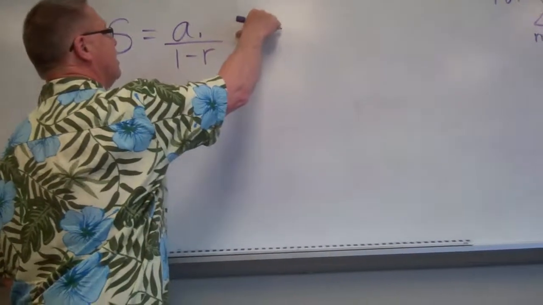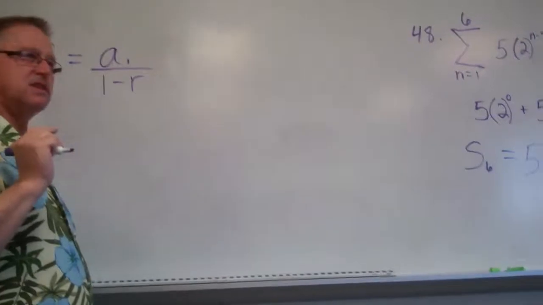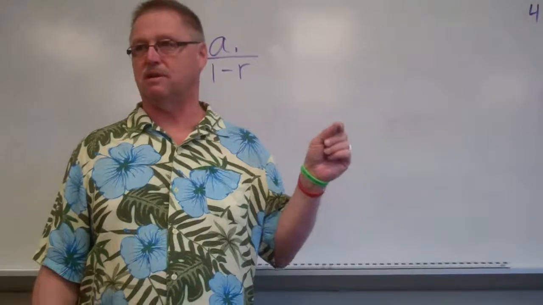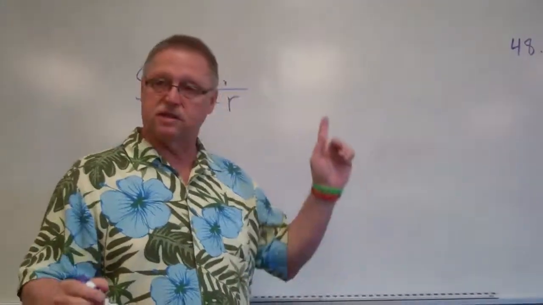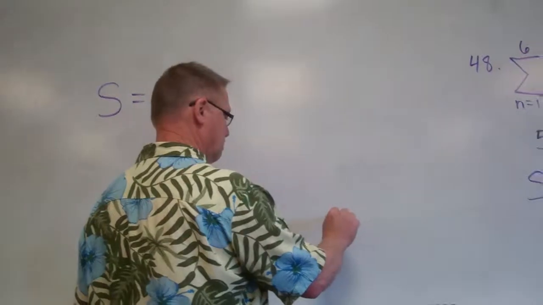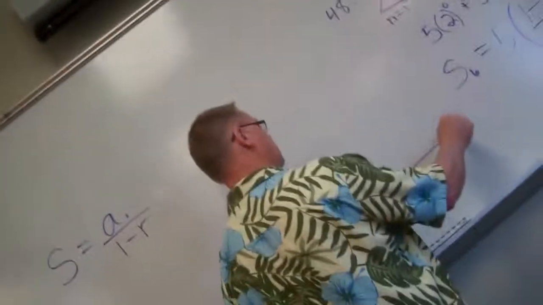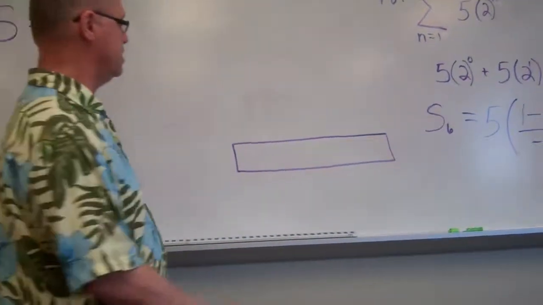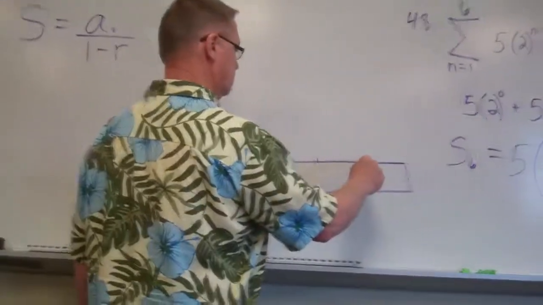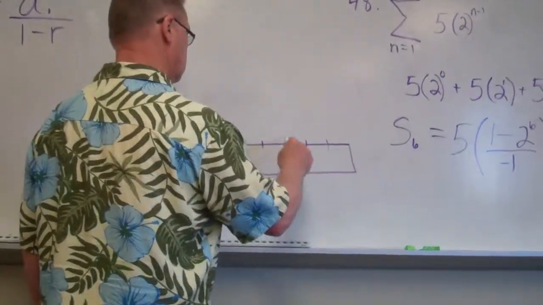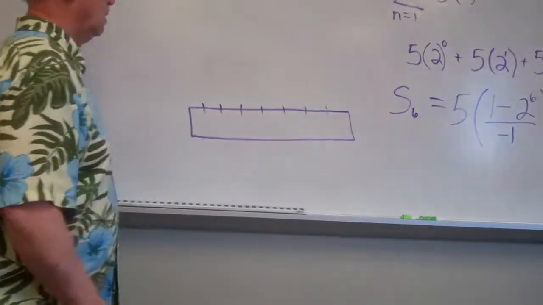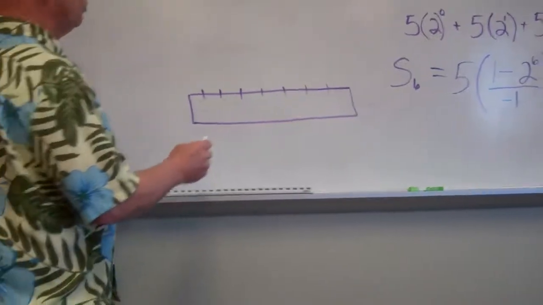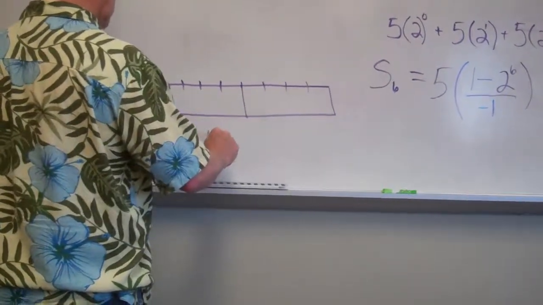Here's the deal. Some series that go forever, you can get a total on them because the pieces keep getting smaller and smaller. For instance, think about a ruler that is 8 inches long. If I just chop half of it off, I've got 4.